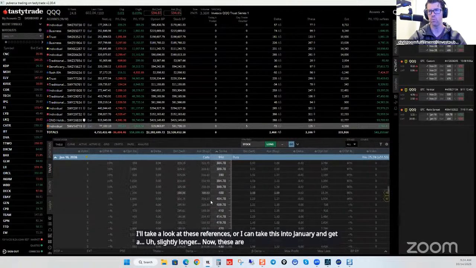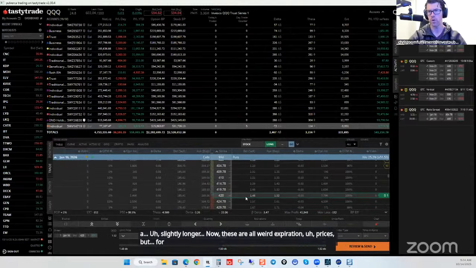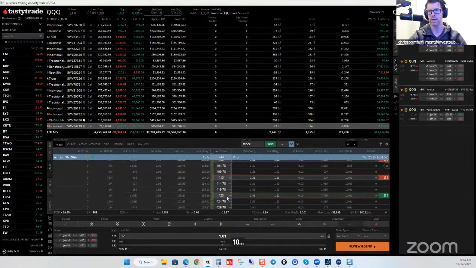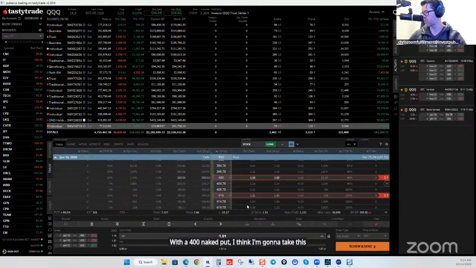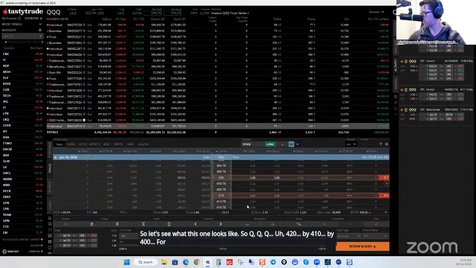Now, these are all weird expiration prices, but 420, 10. This one's not bad. I get a $1,000 profit with a 400 naked put. I think I'm going to take this trade for Project Options Edge. So let's see what this one looks like. QQQ 420 by 410 by 400 for a $1 credit. Okay, see if that can fill.